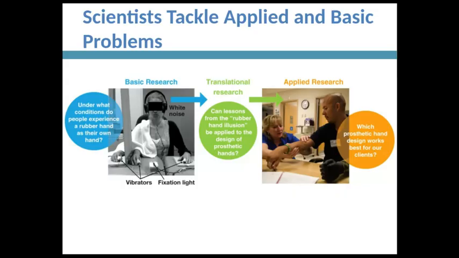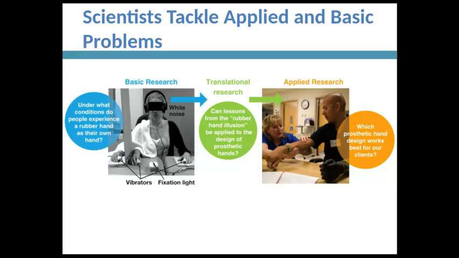Well, if people can feel that a rubber hand is almost like their own, then what about people who've been amputated based on diabetes, or maybe they got something blown off in a war, or some sort of bad flesh-eating bacteria that took a limb.